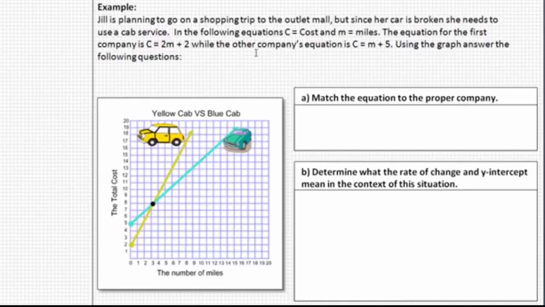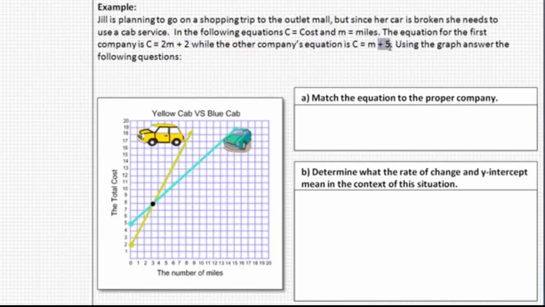The biggest hint is that these equations are in y equals mx plus b form, so because they have different b values, we can look there. Here, our first b value is positive 2, and sure enough, the y-intercept right here is 2, and it represents the yellow cab.